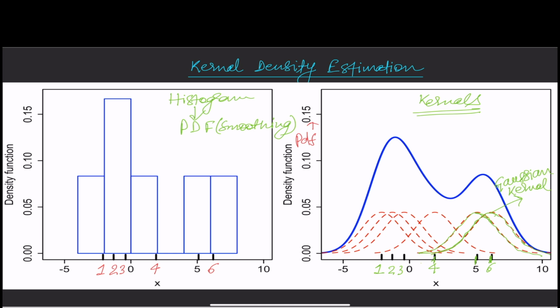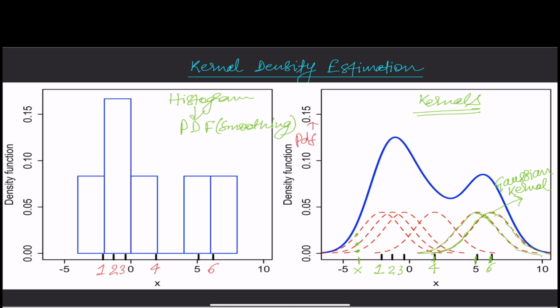Now what I do is, at any point x here, let's take this point as x, I sum up the values corresponding to x. How many kernels do I have here? I have 3 kernels. This is my first kernel, this is my second kernel, and this is my third kernel.